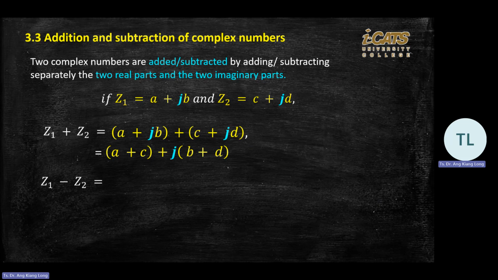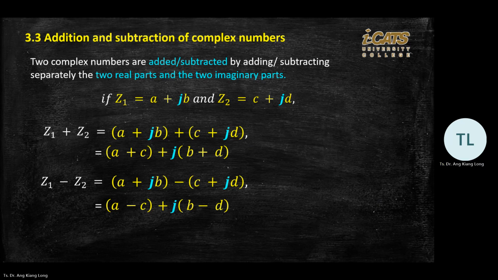Same with the subtraction. So you take the real component, you minus, and then the imaginary also you minus. So this will be the general form if the question asks you to add or subtract.